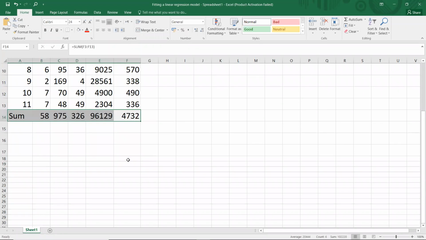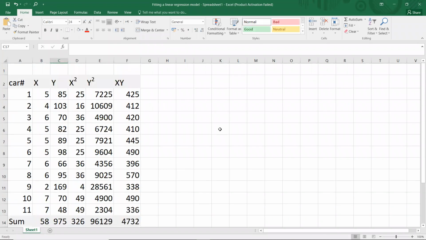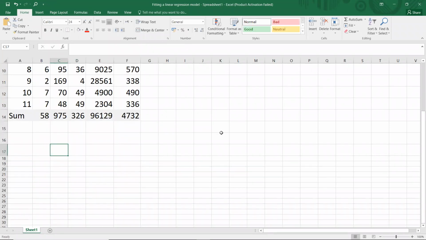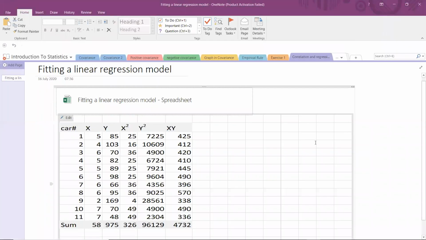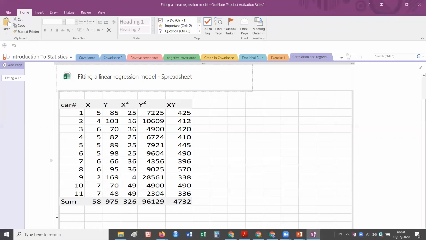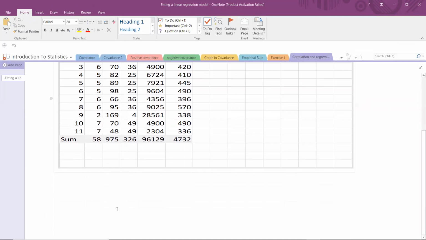Now the formula of correlation, R. I will write down the formula in OneNote. Saving this file and going here. I am placing the formula of correlation and the regression line here.